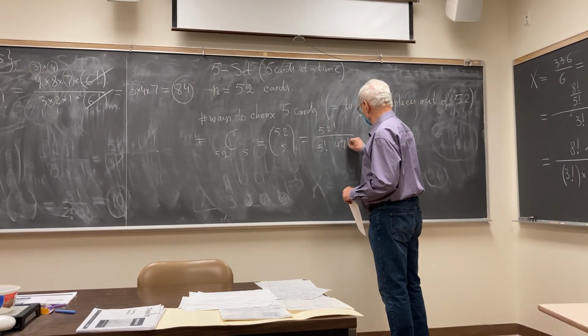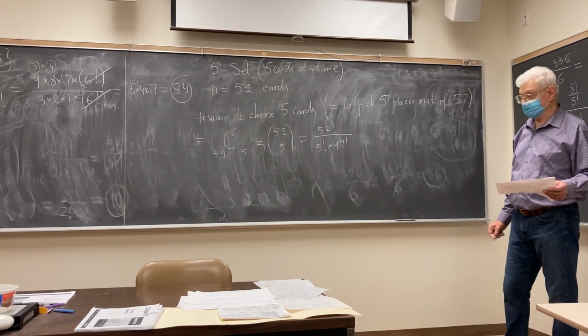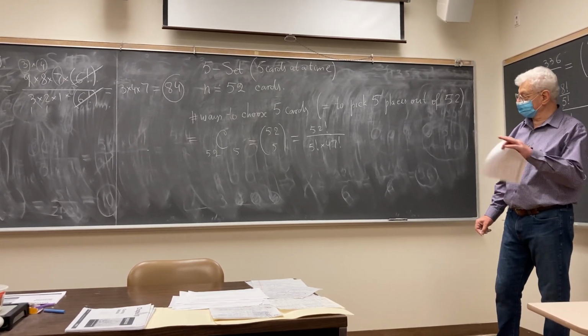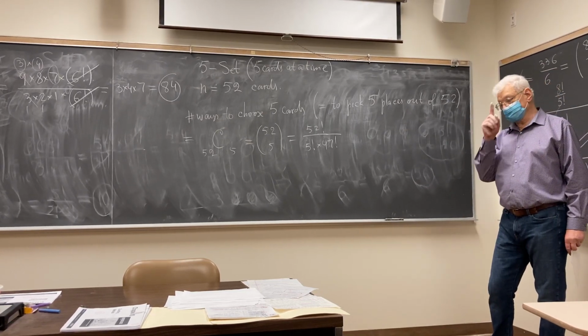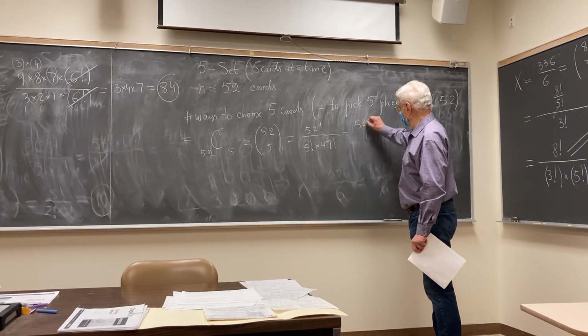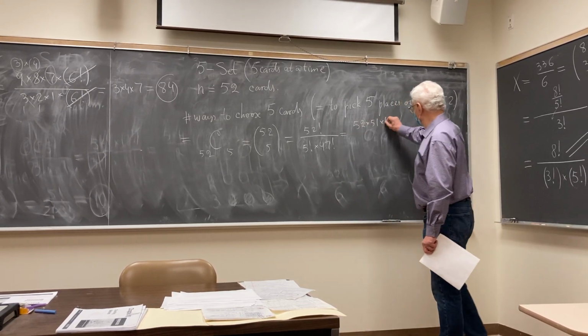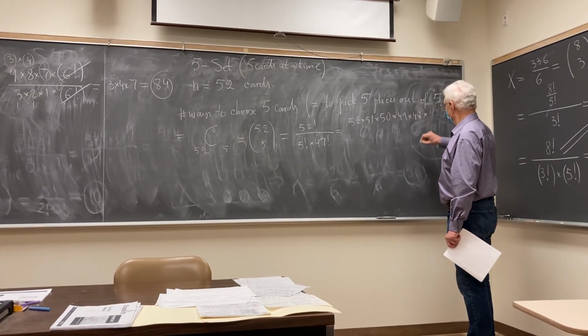How to calculate? Most likely your calculator will not be able to calculate 52 factorial. It is the product of 52 numbers. Instead you solve it this way: 52, 51, 50, 49, 48, and so on.